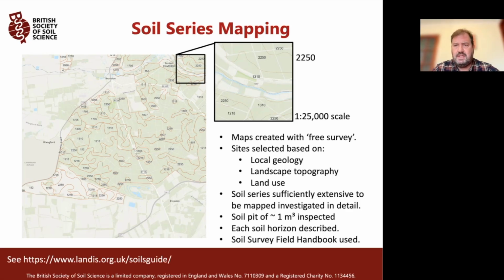Each of those soil series, like for example 2250, is a discrete area, and on the basis of the differentiating criteria that I've been discussing, the local geology, the topography, the land use, and so forth, we have drawn a line and said this is the area that contains those soils. Every one of those soils typically has a pit that's dug, 1 by 1 by 1 meter, an inspection pit, and the soil horizon is described.